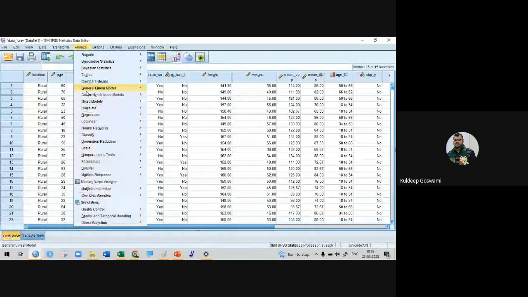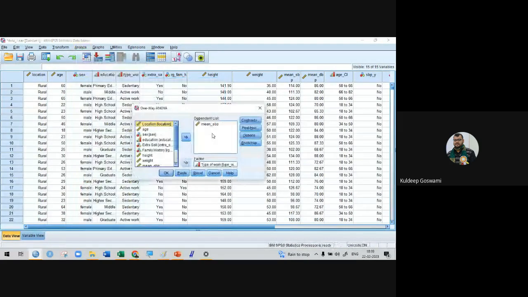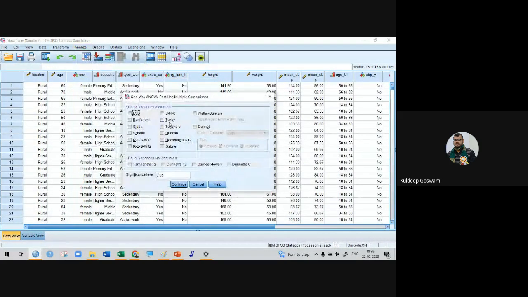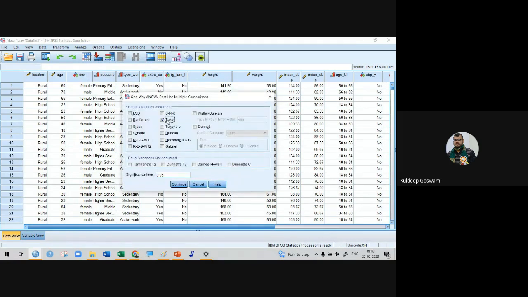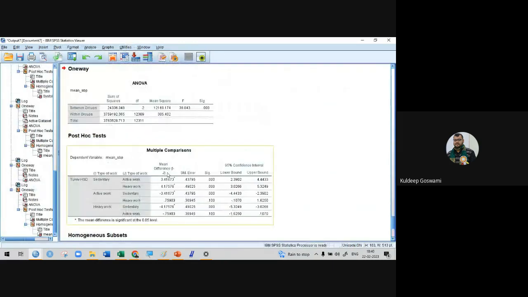Now, if we go for post hoc analysis, click Post Hoc, after Contrast, the second point from the beginning, click Tukey, continue and then press OK.